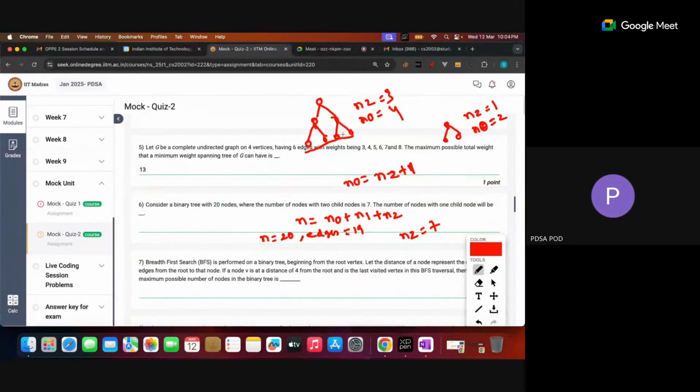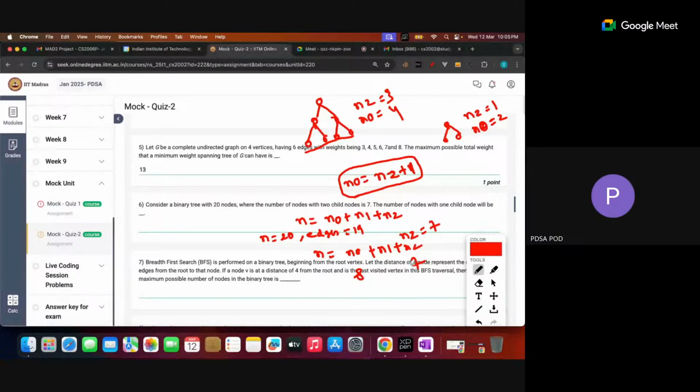Now, in n equals n0 plus n1 plus n2, we already got the n2 value, which is 7. Now the n0 value is definitely 8, because n0 is n2 plus 1, which is a constant calculation, a binary tree property.